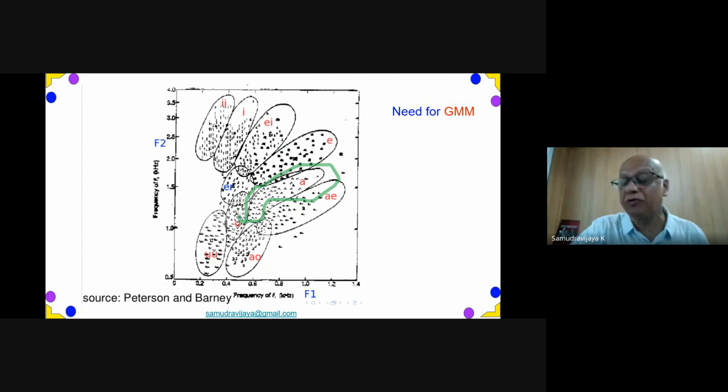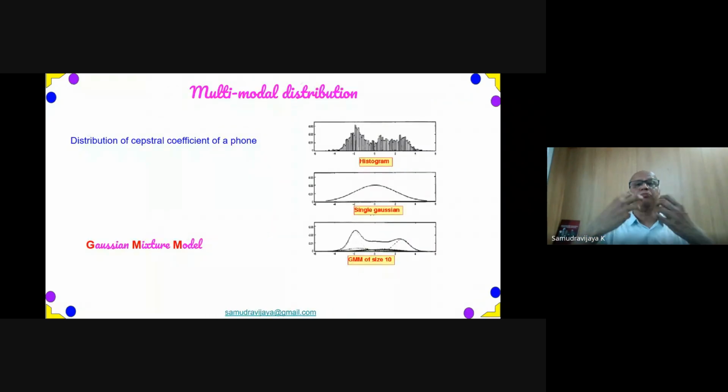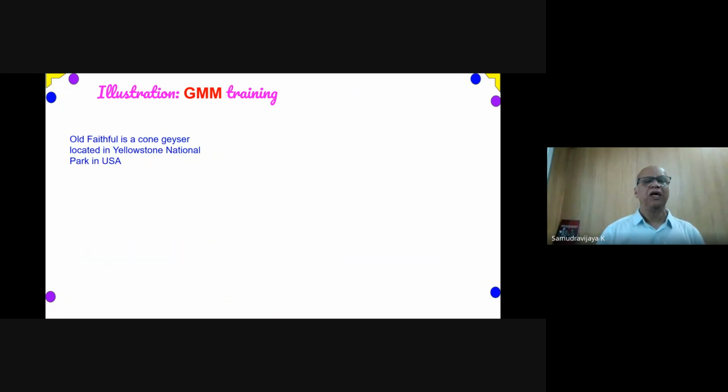It is not a nice ellipse. Therefore, whenever such shapes are not completely ellipses, a single Gaussian is not good enough. It is better to use multiple Gaussians. Such a model is called a Gaussian mixture model, and that is used.